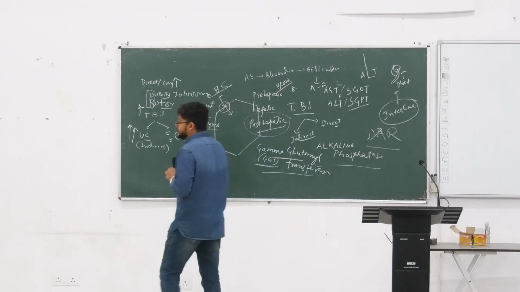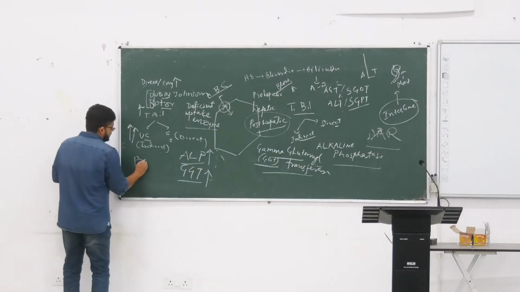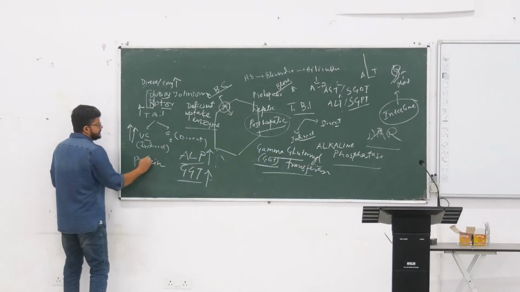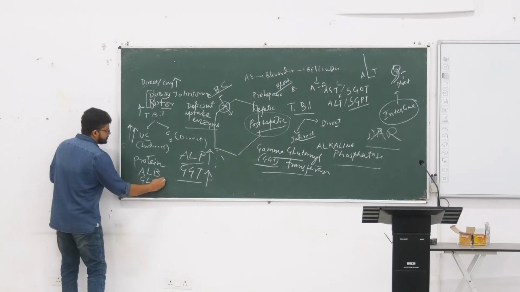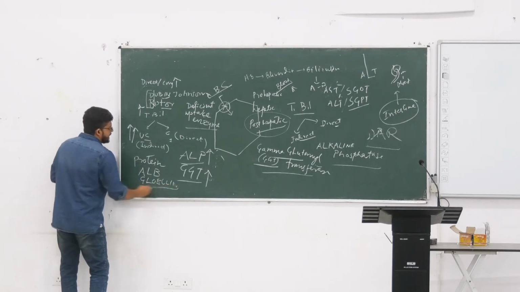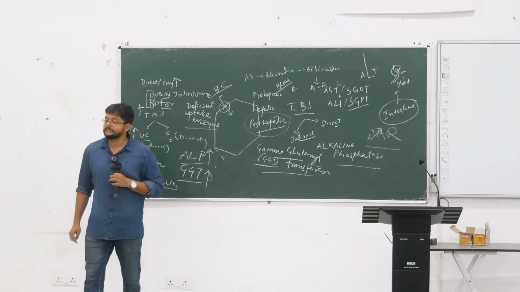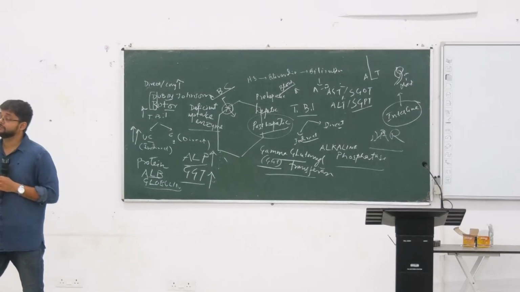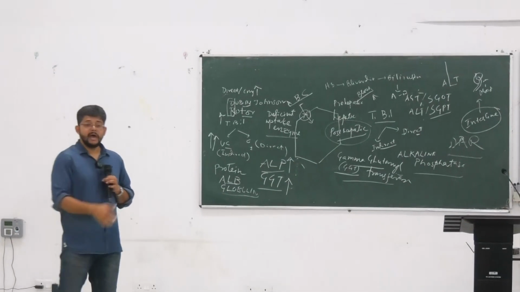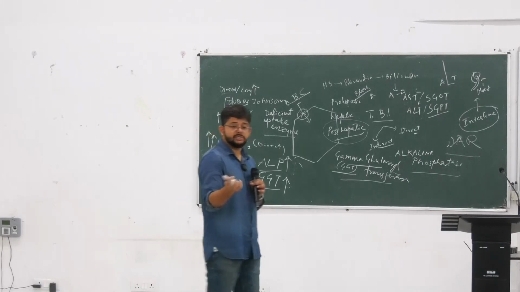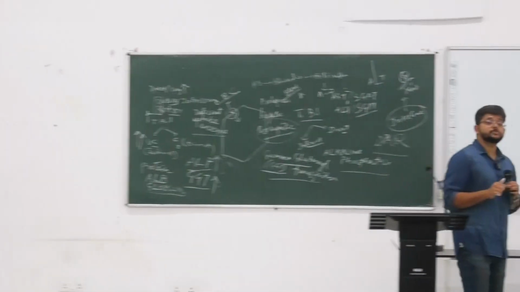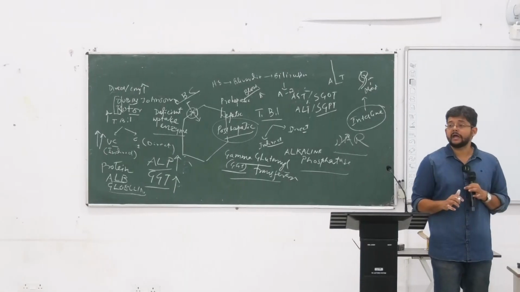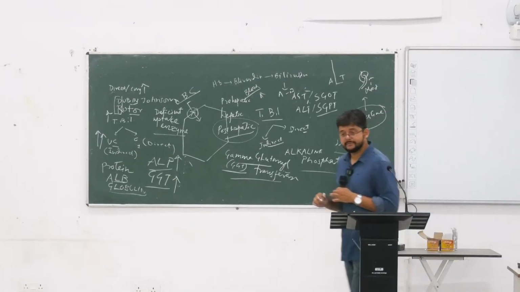We will also see proteins. In protein we will check for albumin and globulin, these two. These are the plasma proteins, albumin and globulin, and these are formed from liver. So in case of liver disease, albumin and globulin levels will change, of which, remember this, albumin is very specific for liver because entire albumin is formed in liver.